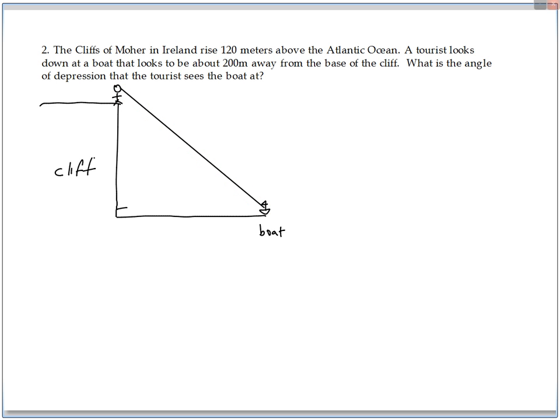The right angle is the cliff with the water. The line of sight is the hypotenuse. The cliff is the opposite to this angle of elevation. The distance from the base of the cliff to the boat is the adjacent.